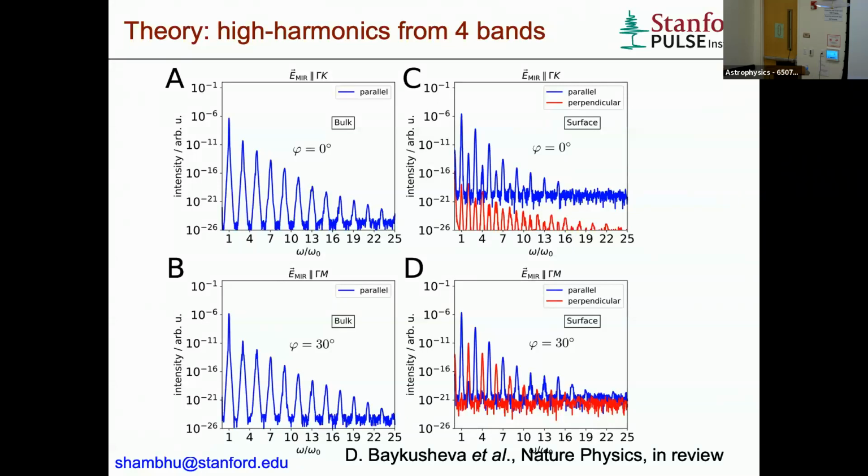As you can see, the bulk has the odd harmonics regardless of the orientation. The surface has additional even order harmonics, and that actually depends on the orientation. In certain orientations, you can actually enhance the strength of the even orders, which is what we also observed in the experiment.